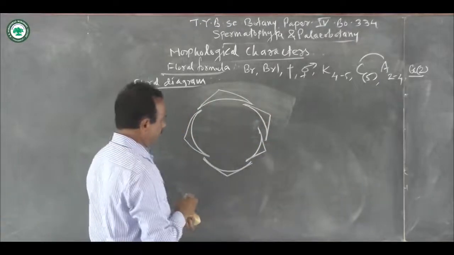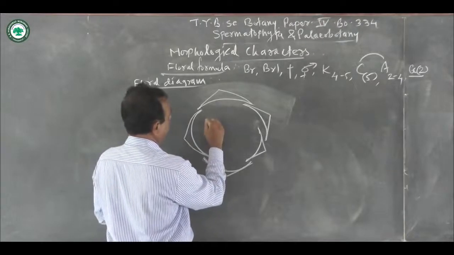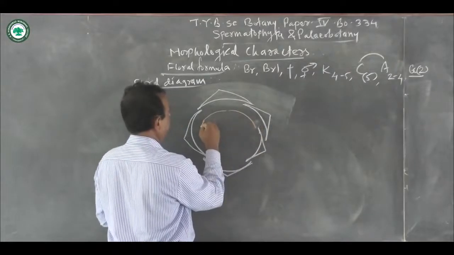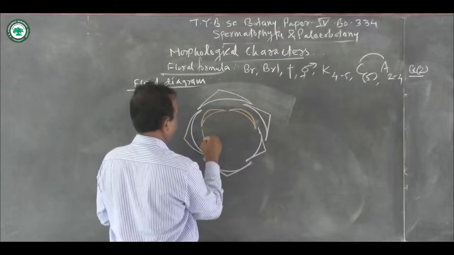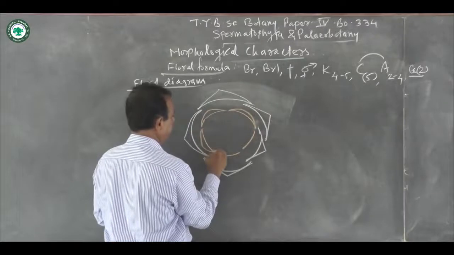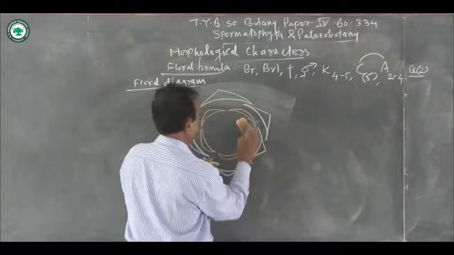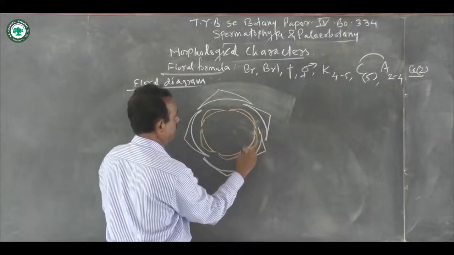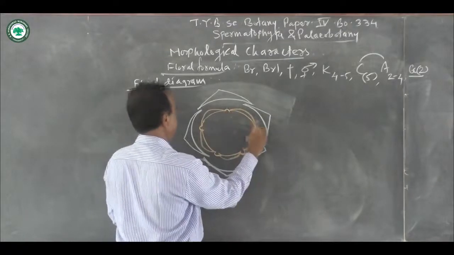So there is the presence of the quincuncial type of estivation. Inner side to it, there are petals. Petals are 5, present in valvate type of estivation. So the petals are united, so it is gamopetalous.